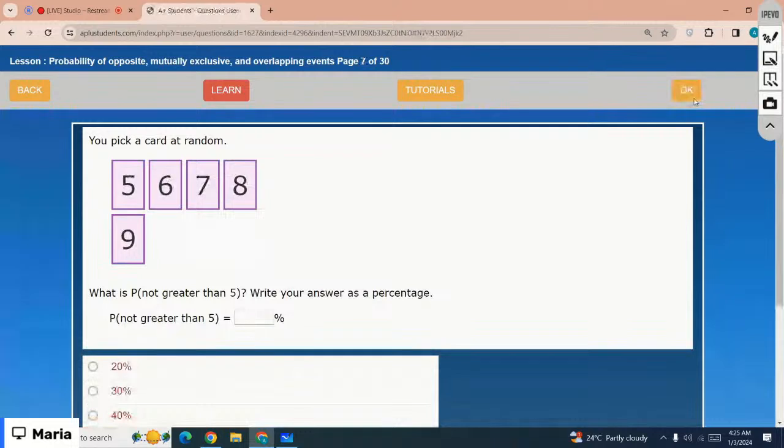You pick a card at random. What is the probability of not greater than 5? Which is the correct option?